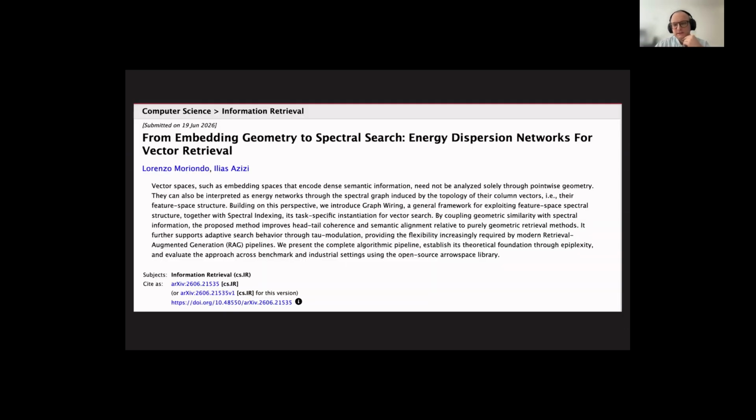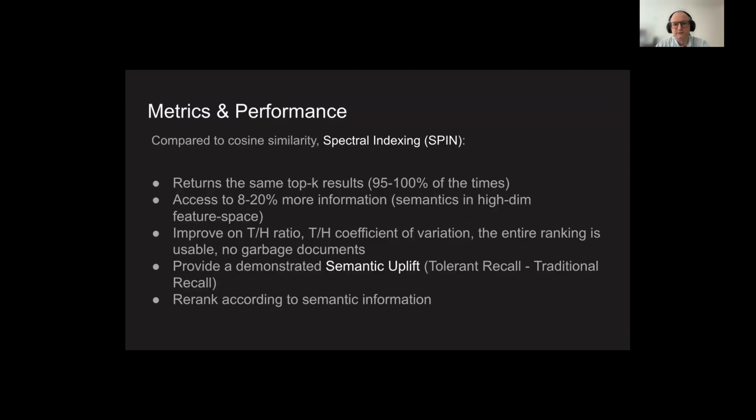This is the paper that is currently in peer review that presents the algorithm, its formal definition, the Arrowspace library, and what we call tau modulation, the downstream application for retrieval augmented generation. In this paper, we compare spectral indexing, that we call SPIN, with pure cosine similarity, our geometric search reference.